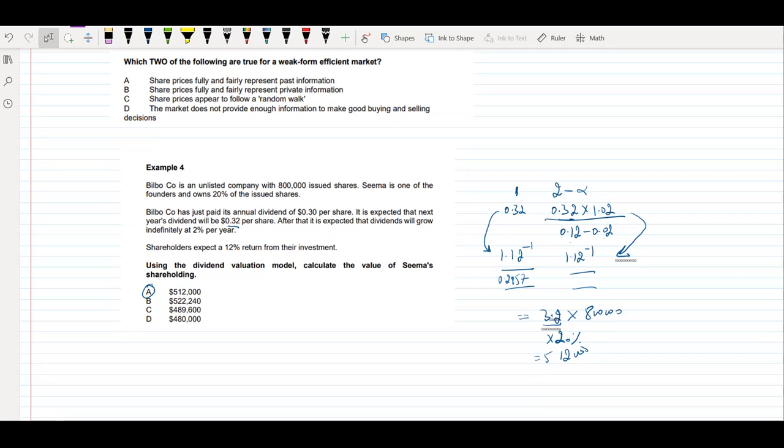The theory question above, about the random walk, please elaborate on it. Random walk means whenever there is new news, share prices will move according to that news. If there is positive news, share prices will move up. If there is negative news, share prices will move downward.